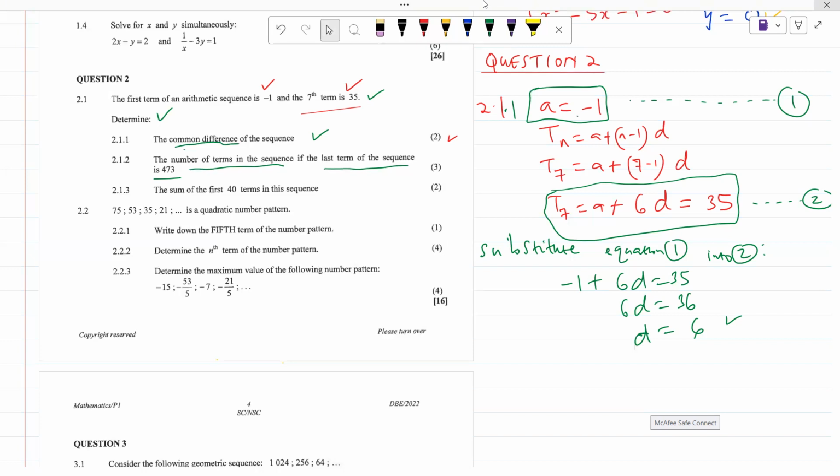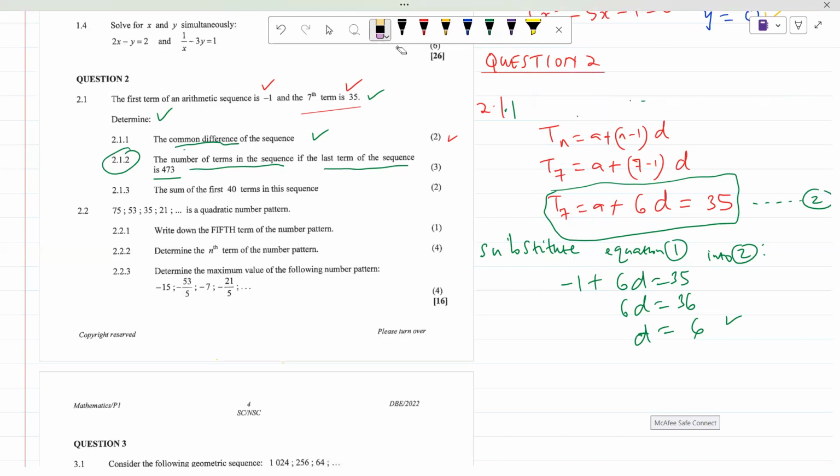I want us to look at 2.1.2. It's an interesting one. It's based on these number patterns in the sequence, if the last term of the sequence is 473. Right, so we found the common difference and then we just need to do the next question.